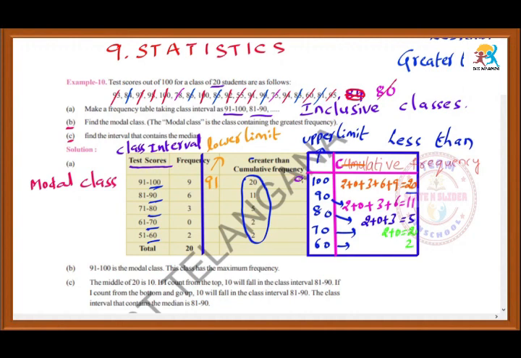is 9 members. And for the next class interval, we have to take the lower limit again, that is 81. Here, the number of students who got above 81 means these 9 members and also these 6 members. So that is 9 plus 6, that is equal to 15. And for the next class interval, the lower limit is 71.